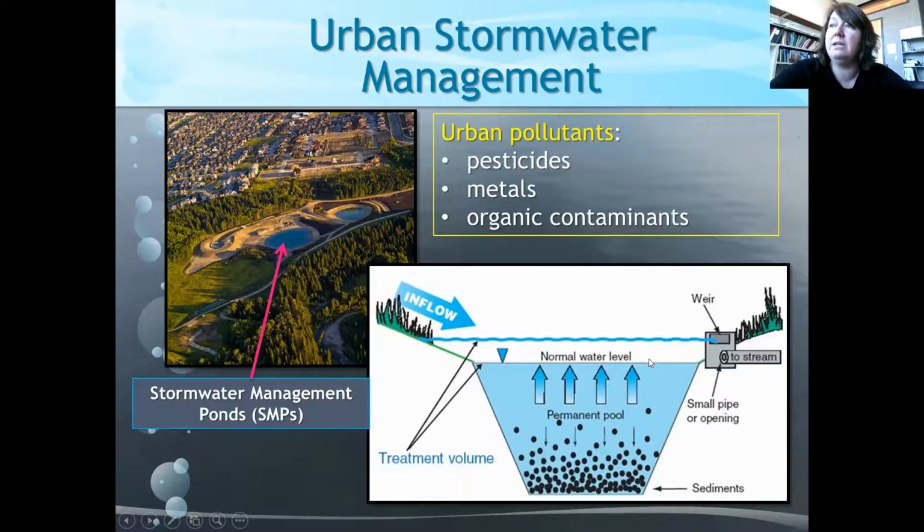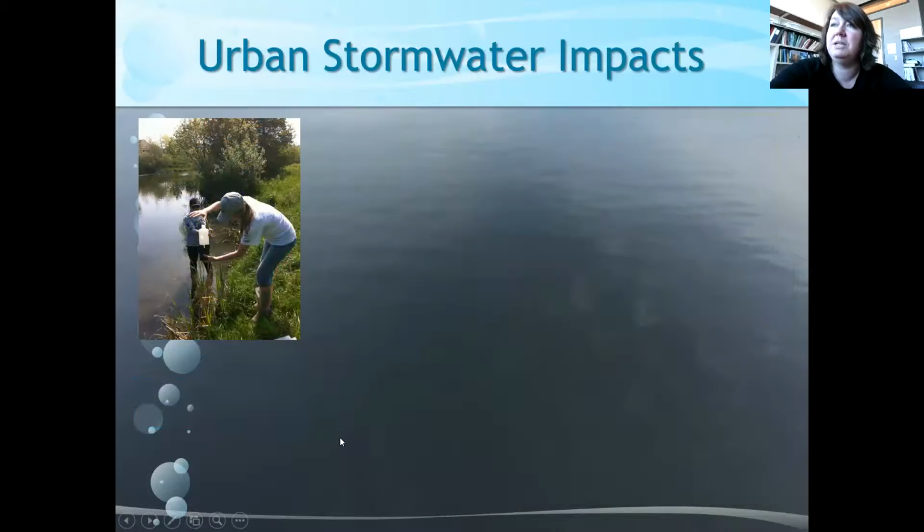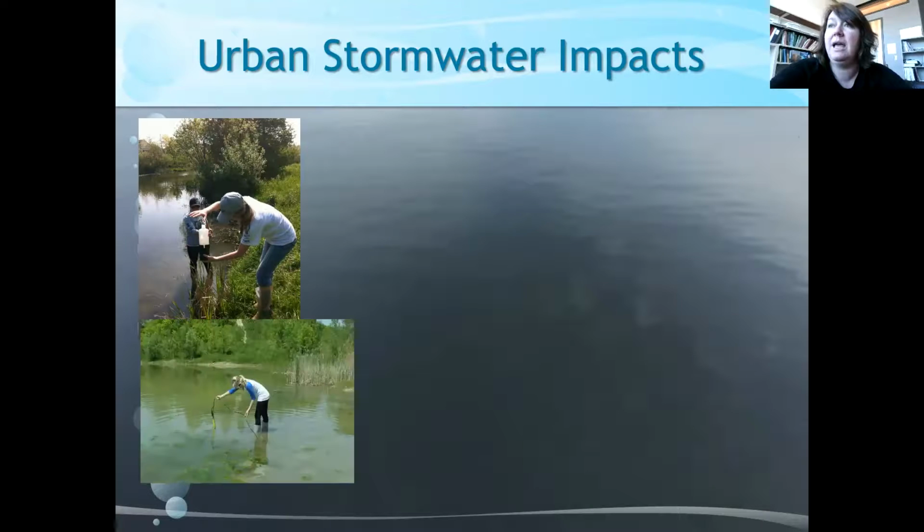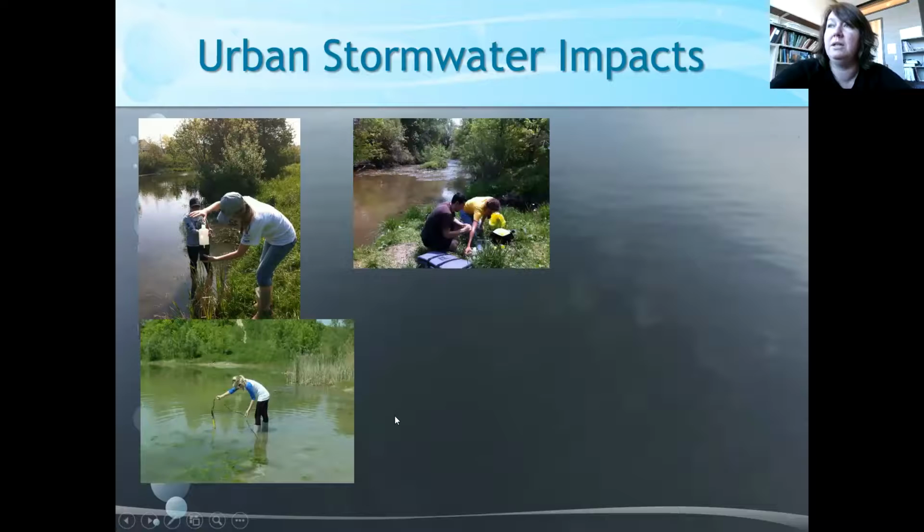But under normal water conditions, all the pollutants are basically settled down into the sediments, and the water up here, especially if it comes up to this level, flows out to the stream. This is the stream down here, Fish Creek. My students have gone out to many stormwater ponds where we are. We're out in Durham region, just east of Toronto. And we collect water, we take measurements, just like we do in the lakes, but in these stormwater ponds.